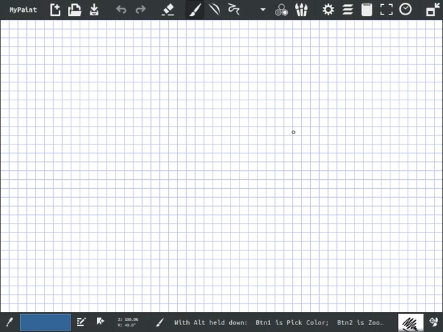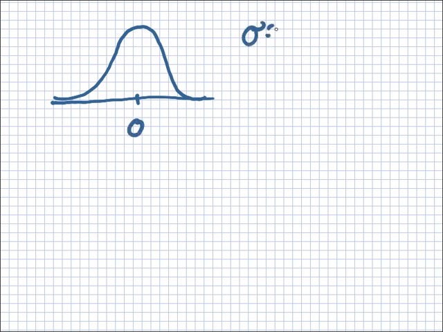Okay, so to get warmed up, what I want you to use your table book for, you'll need your table book. We have a normal distribution, the usual story, mean 0 and standard deviation 1. So it's the one that's in your formula book.